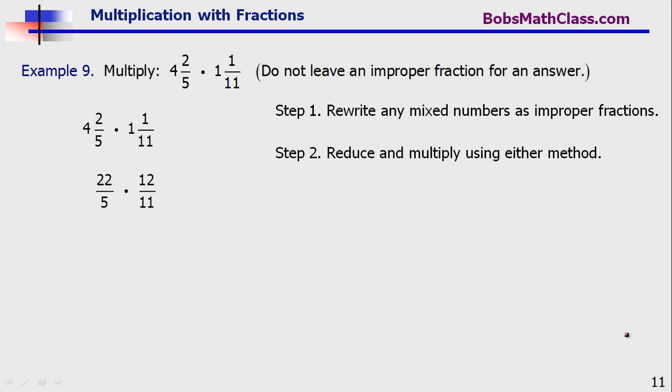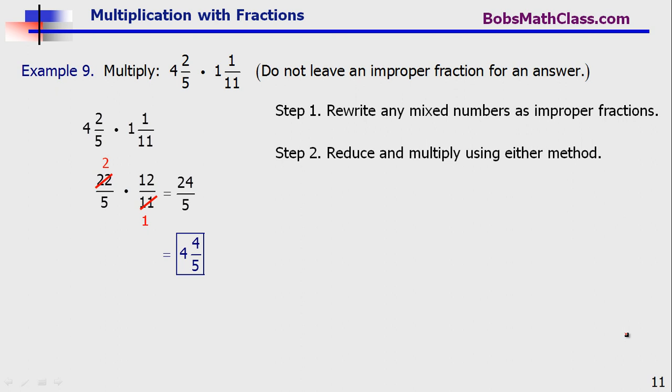In this one it does. 11 goes into 11 once, and 11 goes into 22 twice. Now that's it. So now I can multiply across. And then again, change that improper fraction to a mixed number. 4 and 4/5. I almost missed that 11 and 22, huh?